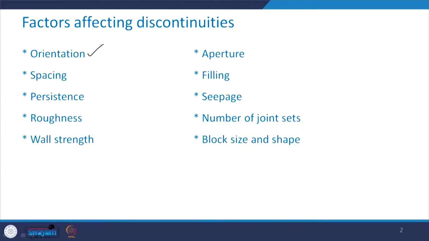So, we discussed the orientation, spacing, persistence and roughness in the previous class. We will take up the remaining factors influencing the discontinuities today.